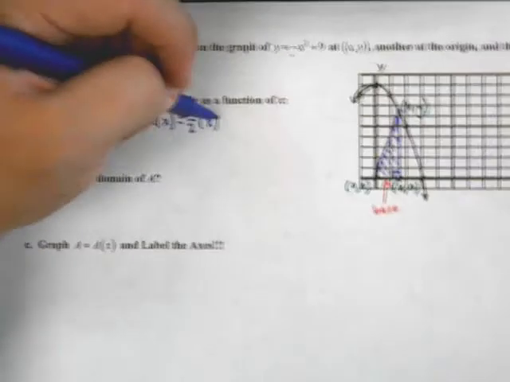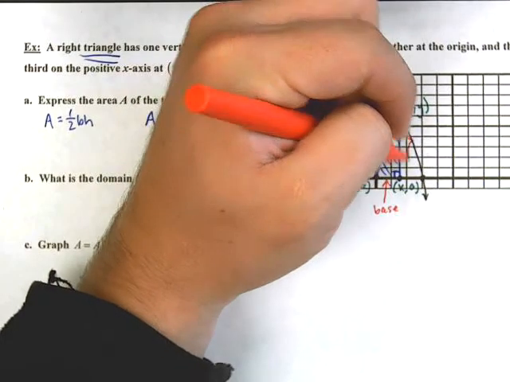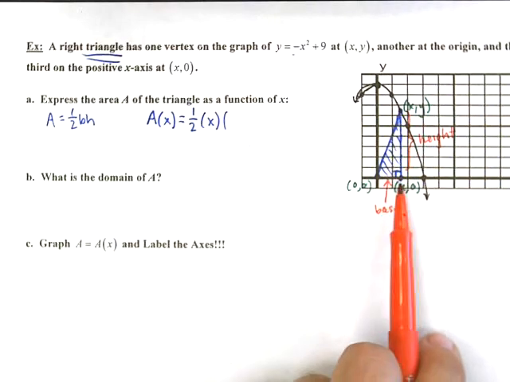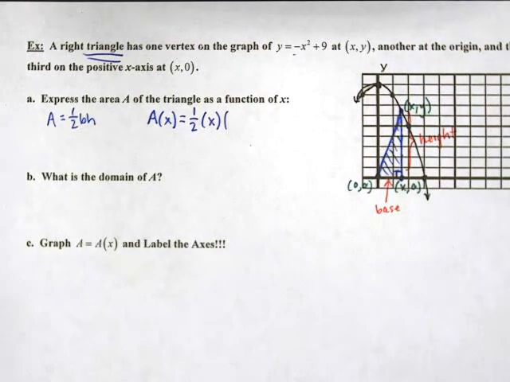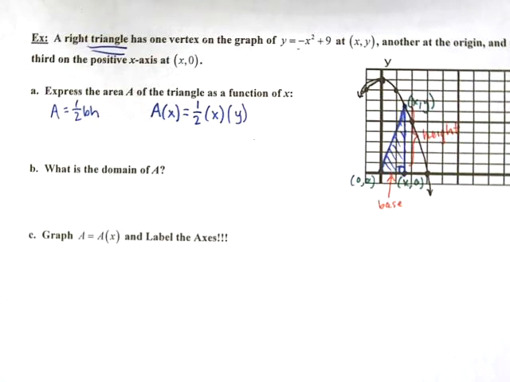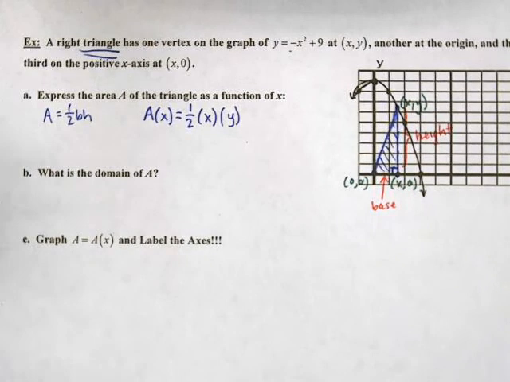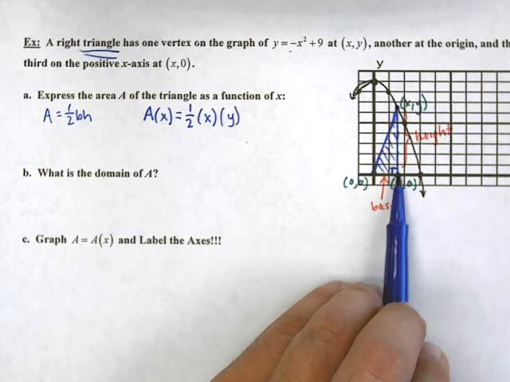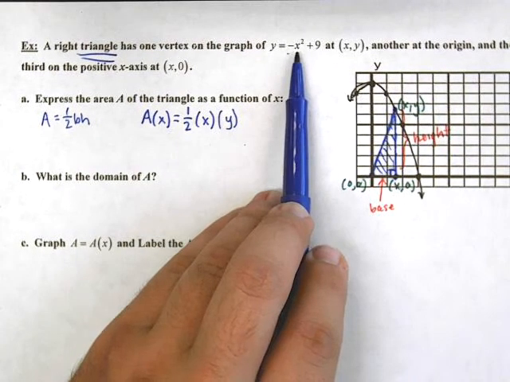And lastly, I need the height. Same idea, height is going to be right here, which is the distance between x, 0 and x, y. So my height will be y. Now the final thing, and hopefully you remember from the page before: based on whatever x value I choose, I can get a y value by plugging into my original equation.